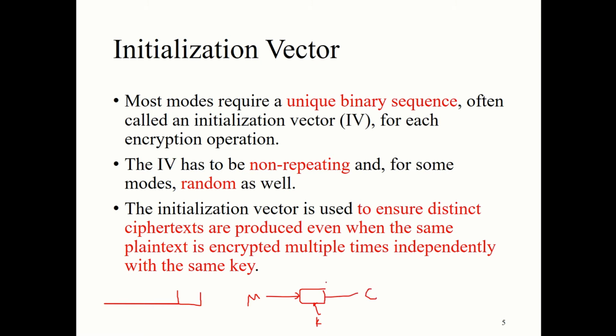If you put the same message in again and give it the same key, you will get a different C. So for the same message, we get a different encryption because we use the initialization vector. This is the defense against the cryptanalysis attack.